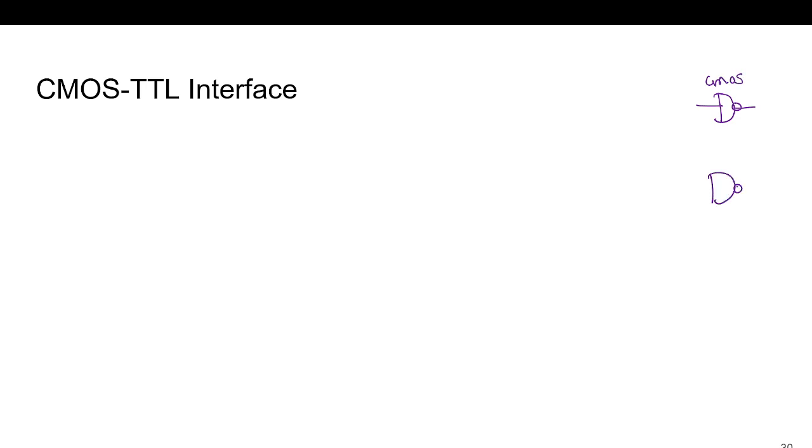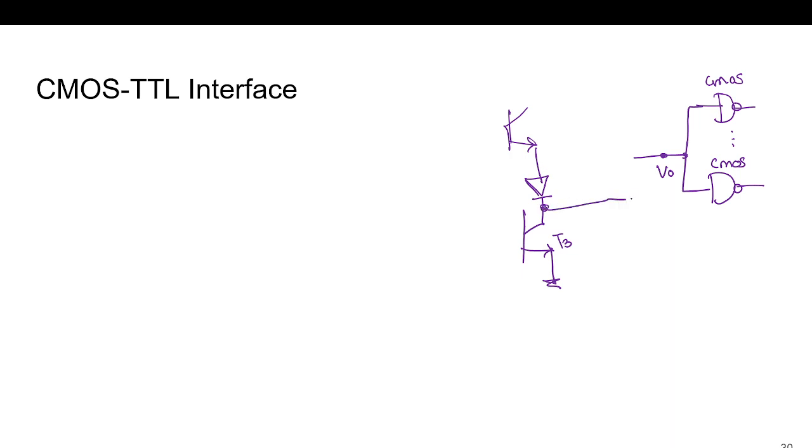We have another CMOS gate here, and this is say V out. Here we have a TTL based logic. Now whether this interfacing is possible, what are the things we have to consider for interfacing.